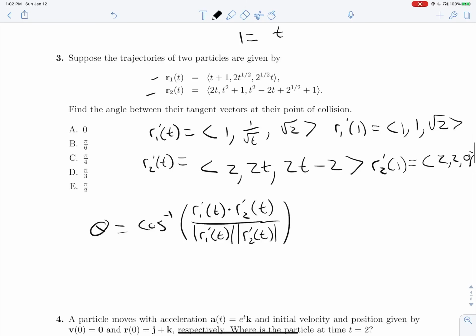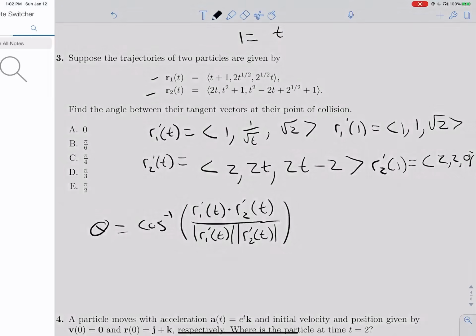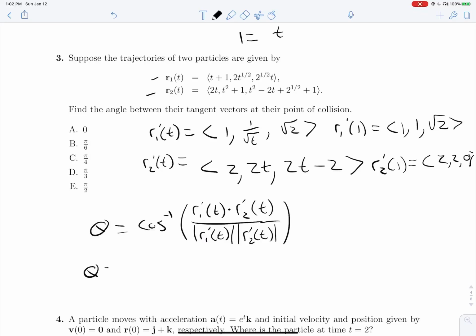Okay, so now we can start replacing some things. Theta is going to be cosine inverse of the dot product of these two, which will give us 4. And then we are going to divide by the magnitude of each of these. The magnitude of this one right here is going to be 2, because we will get the square root of 1 plus 1 plus 2.